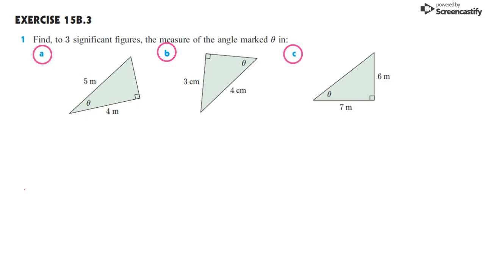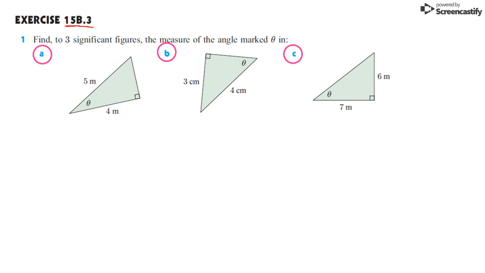So here we're going to put pretty much everything together, and there's various things we can do. We can solve for basically any side or angle of a right triangle as long as we have two pieces of information about the triangle. So for number one here in 15b.3, this is again asking you to find the measures of each of those angles.